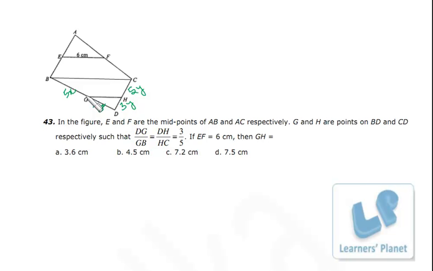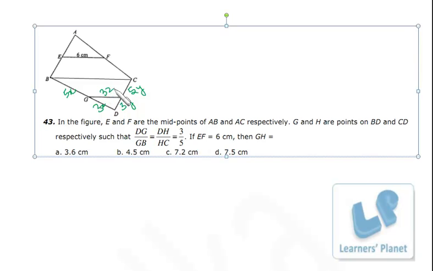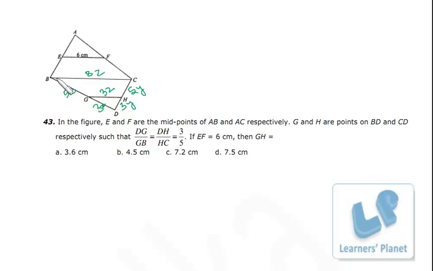So the ratio of this and this should be 3:8, right? So this is 3z and this is 8z. Do not get confused. GB is 5, but the complete length DB is 8 parts, right? And triangle DGH is similar to DBC, so corresponding sides will be 3z and 8z.